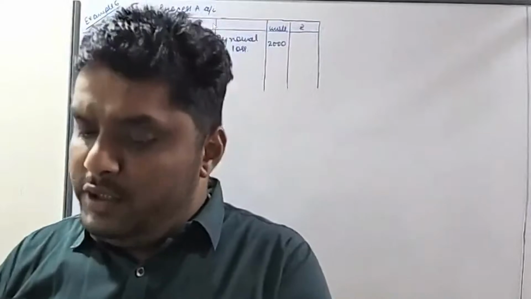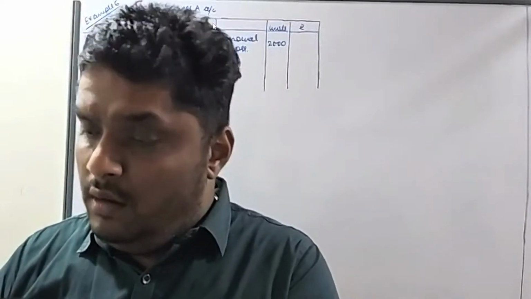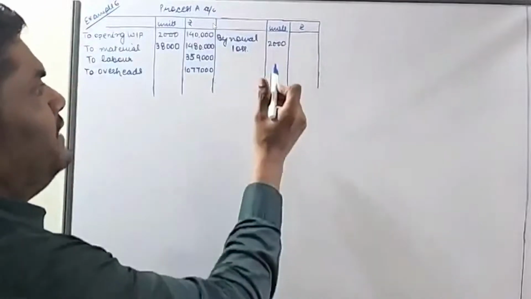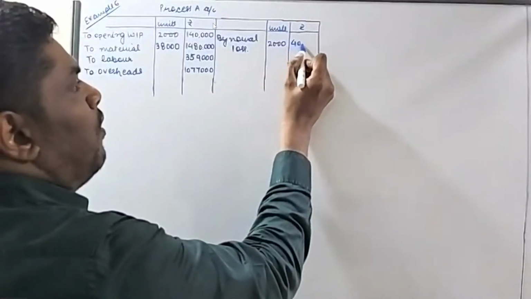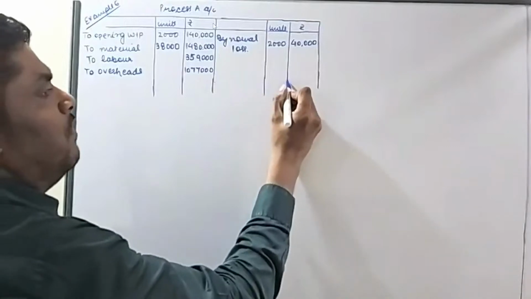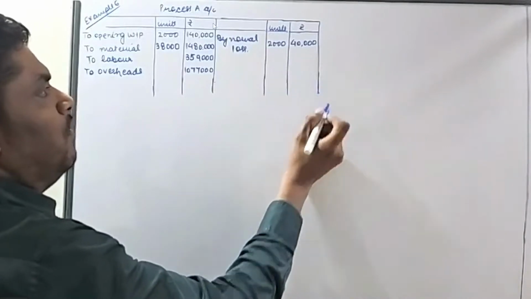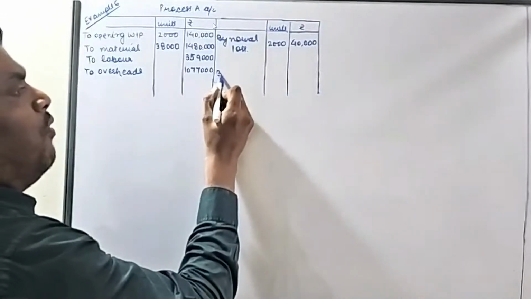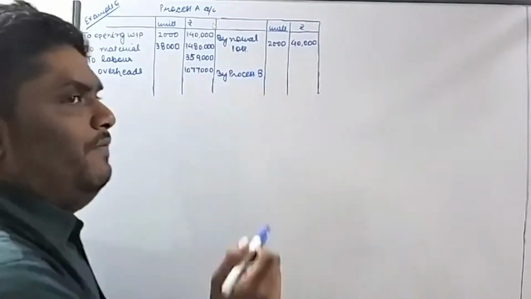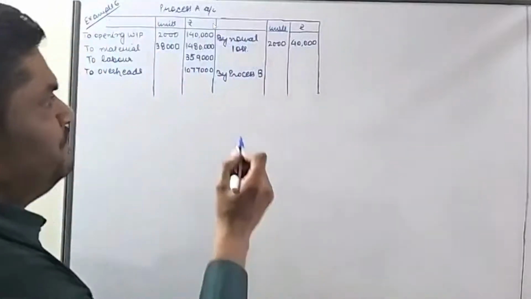Further, the scrap value is also given, that is rupees 20 per piece. So this will be total 40,000. Units that are transferred to the next process is also given, 35,000 units.